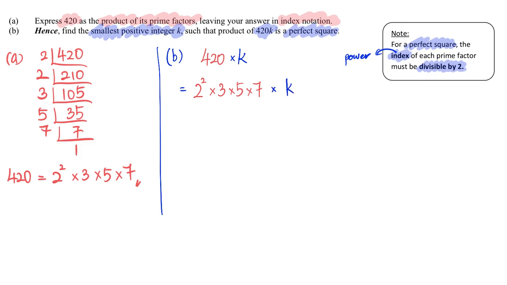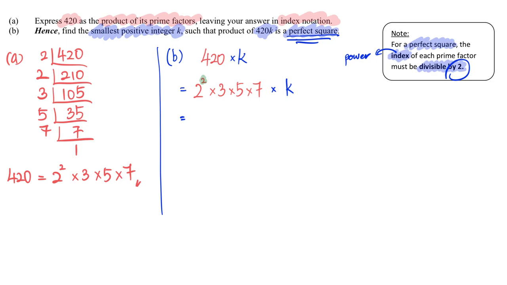This happens to be a perfect square, meaning all the powers must be able to be divided by 2. Currently I only have the 2 with a power that can be divided by 2. 2 divided by 2 is 1, yes.